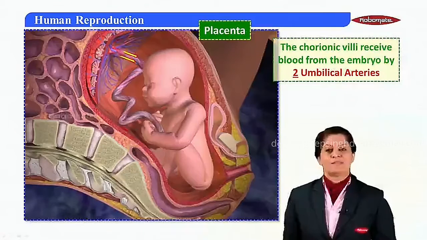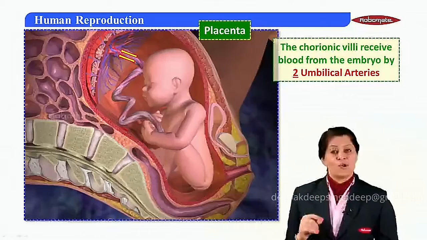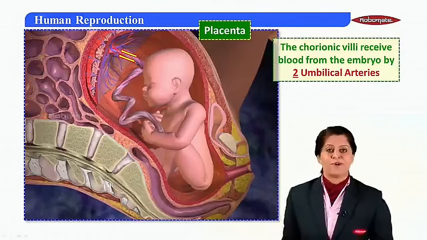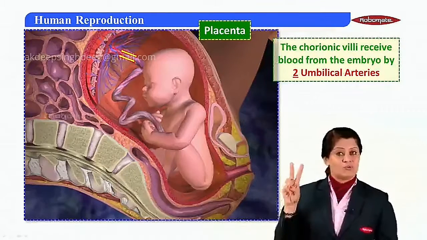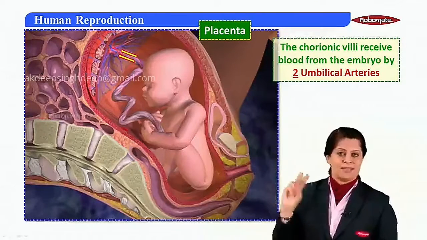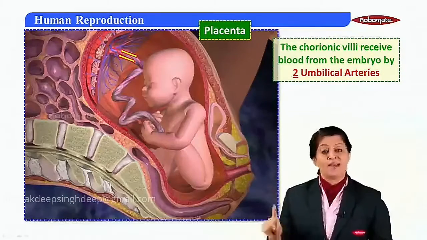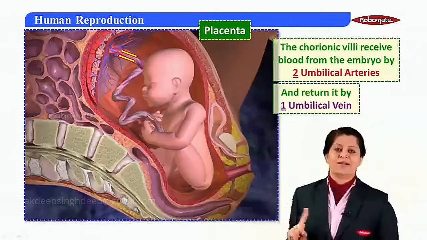The chorionic villi, those finger-like structures, receive blood from the embryo by 2 umbilical arteries. Remember the number, 2 umbilical arteries, and return the blood by 1 umbilical vein.